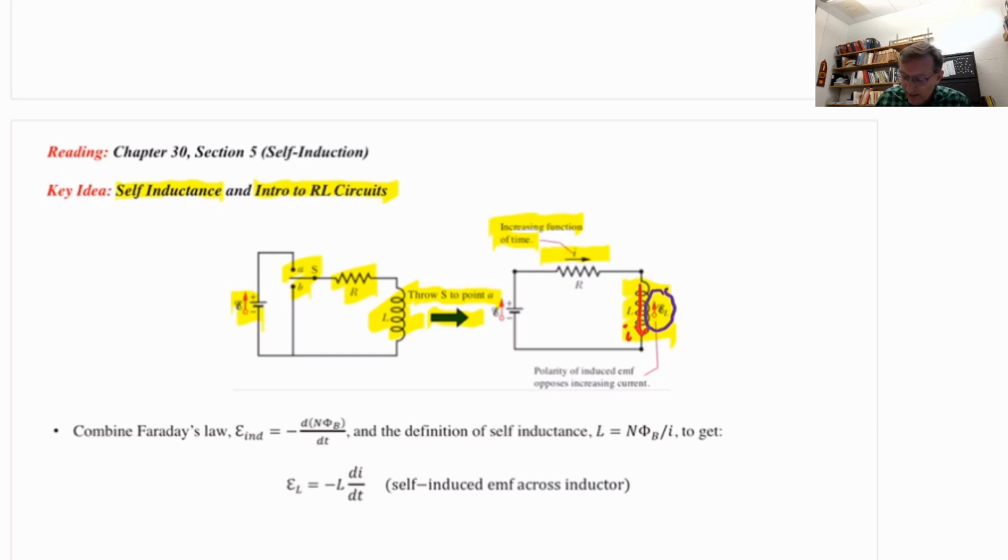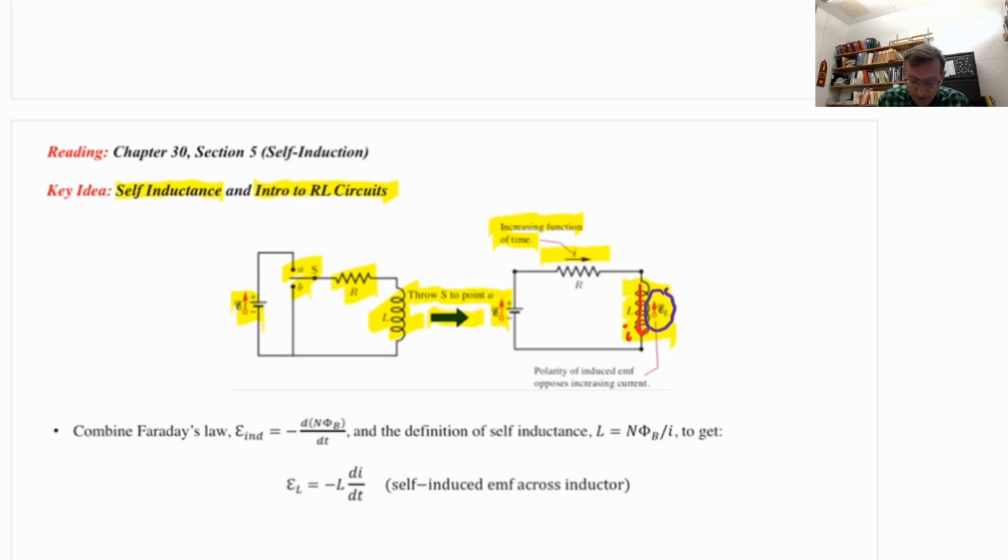That's the polarity of the induced EMF, because it's opposing the increasing current, which has the net effect of traveling down. So it's important to realize then that in addition to the traditional source of EMF from the battery there, I've got an induced EMF across the inductor, which is upward since the current is downward and increasing.